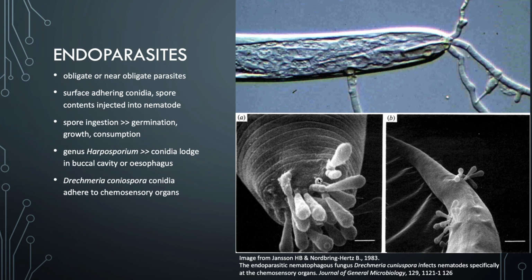So basically the nematode cannot sense anything because the conidia, the spores, are attached to the structures or near the structures by which the nematode needs to function through the reception of chemical or other signals from its environment. So these are some of the ways in which the endoparasites actually make initial contact with their host nematode.